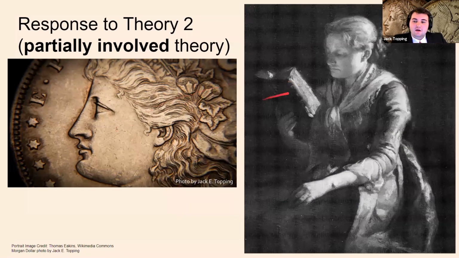So we can see here that you could definitely surmise that this portrait of her in 1878 looks very similar to what's actually on the Morgan dollar, which makes me think that this theory may be somewhat correct.